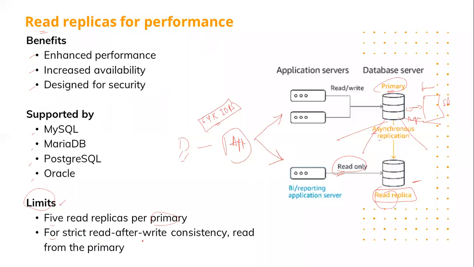For example, someone updated some data into the database. Obviously, it takes some time to replicate. It will not take hours, guys. But if you immediately retrieve it, and the data was retrieved from here, you may get old data. But if you want stricter read after write consistency, that means after writing only it has to read, then read from the primary. We are not supposed to go for read replicas. Very simple.